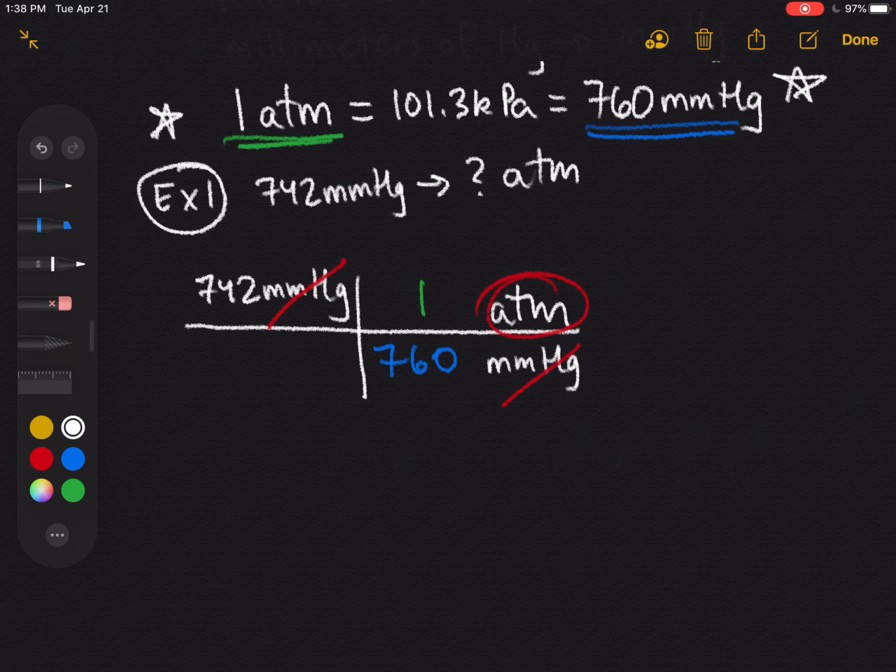That's good. So I'm going to punch into the calculator 742 times 1 divided by 760, and I get, with 3 significant figures, 0.976 atmospheres. That's it. Millimeters of mercury into atmospheres.